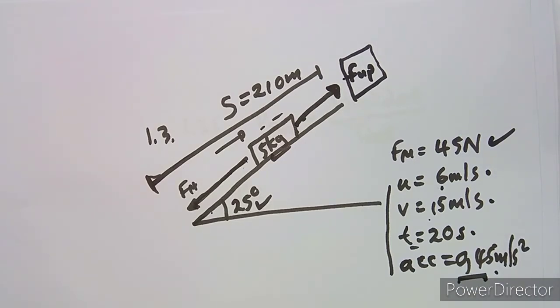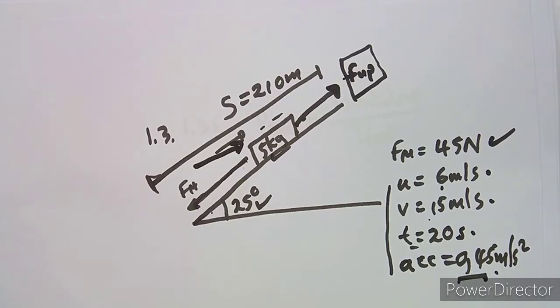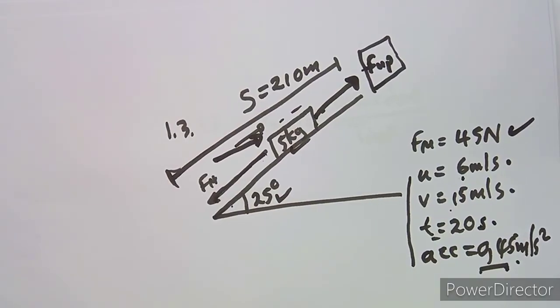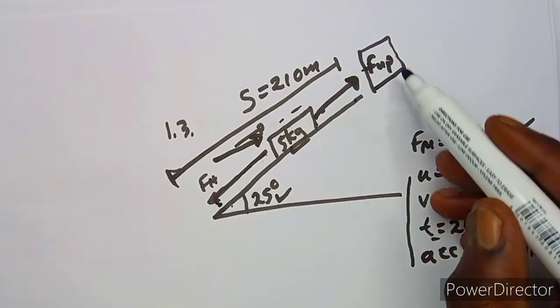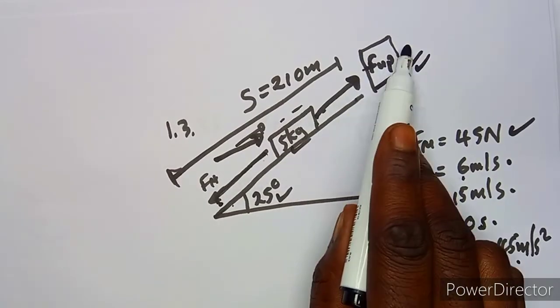It's only that we are not having a force which has got a certain angle. We are talking about the one that is taking the force upwards and the one that is opposing. These two are going to oppose each other, but this is the one that is maintaining our object to go upwards.